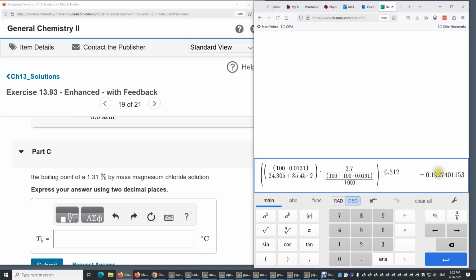It's not much, only because this is a fairly dilute solution, and also the boiling point elevation factor is pretty small.